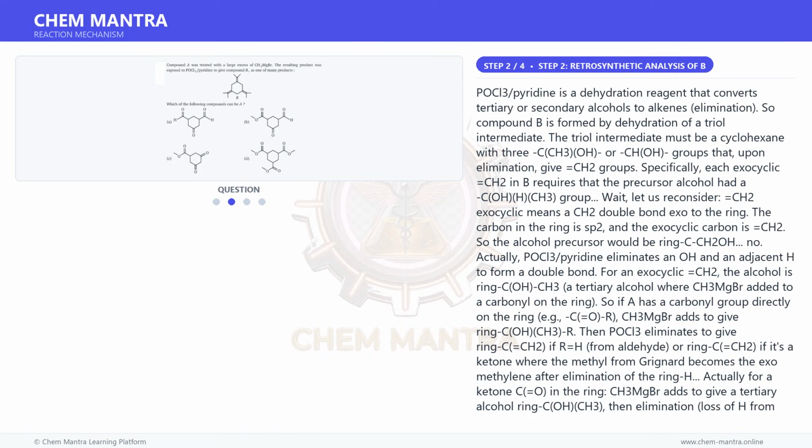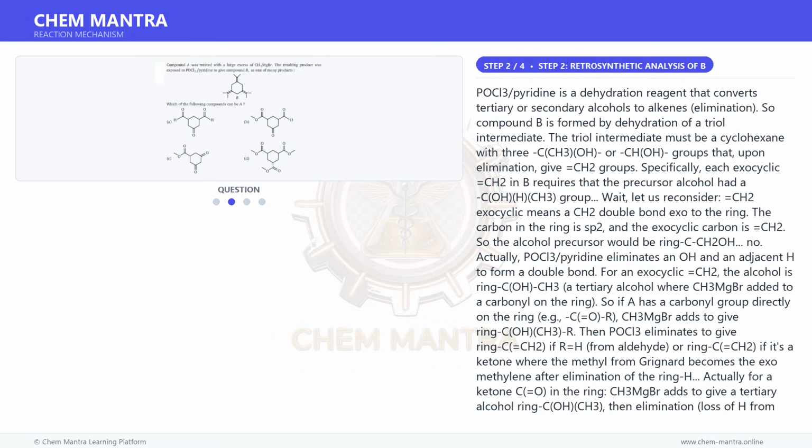For an exocyclic =CH2, the alcohol is ring C(OH)CH3, a tertiary alcohol where CH3MgBr added to a carbonyl on the ring. So if A has a carbonyl group directly on the ring, for example C=O, CH3MgBr adds to give ring C(OH)CH3R.